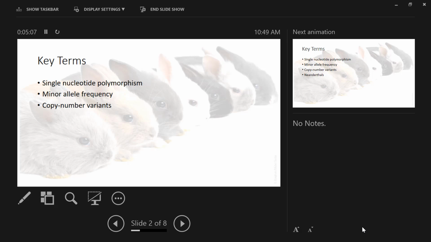Right? So it's whichever's the less common. Or if you've got multiple, there are some sites where all 4 bases show up when you look at all human genomes, so you'd have the dominant allele, and then you'd have 3 different minor allele frequencies, 1 for each of the 3 other bases. But if you have a single nucleotide polymorphism, you're always going to have a minor allele frequency.